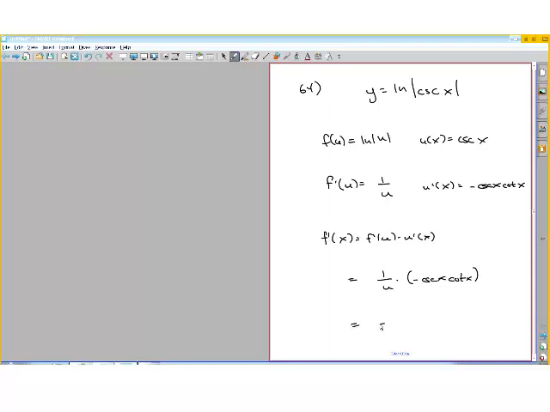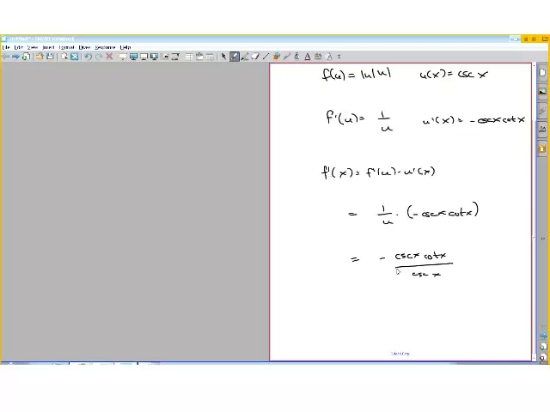Then we finally substitute in, so what do we get here? We get negative the cosecant of x, cotangent of x divided by u, which is the cosecant of x. You can see we have a cosecant in both the numerator and the denominator, so this is equal to negative the cotangent of x.